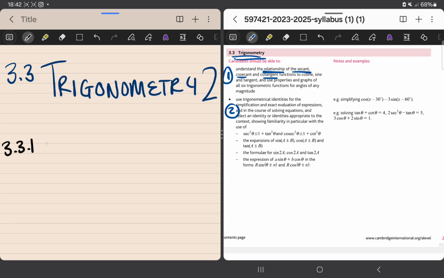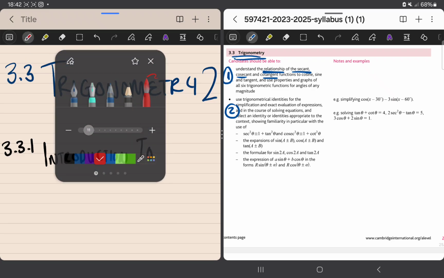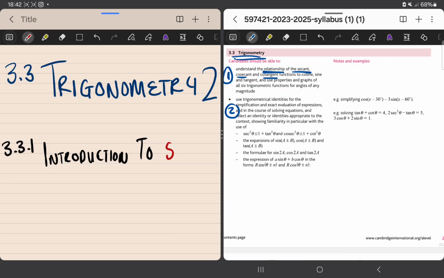The first subtopic, what is it about? They said understand the relationships of the functions to cosine, sine, and tangent. So it's just an introduction to these three, which are secant, cosecant, and cotangent: sec, cosec, and cot.